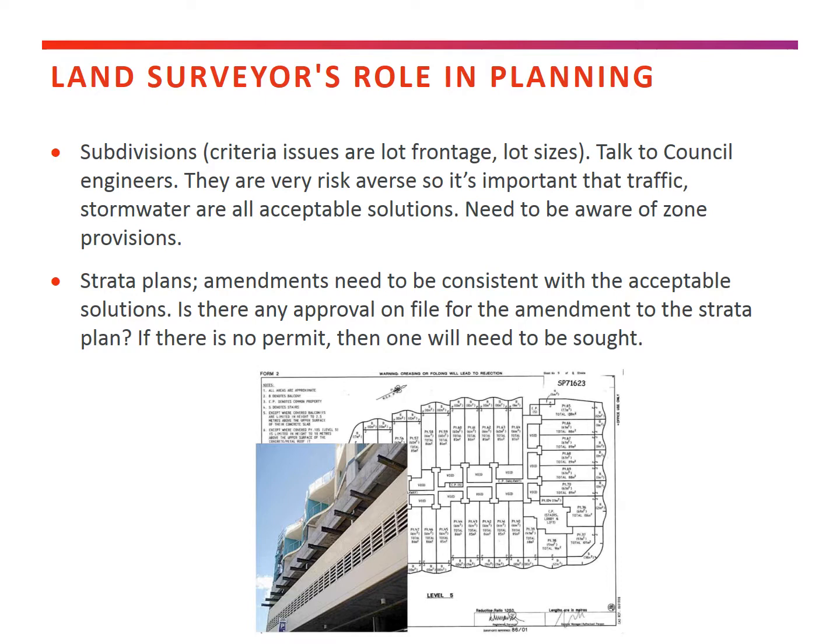So if you put in a subdivision application that doesn't meet that, there's going to be problems. So this is where the land surveyors might talk to both the planning staff and the engineering staff just to make sure that there aren't going to be problems which will create delays and costs as part of the assessment.